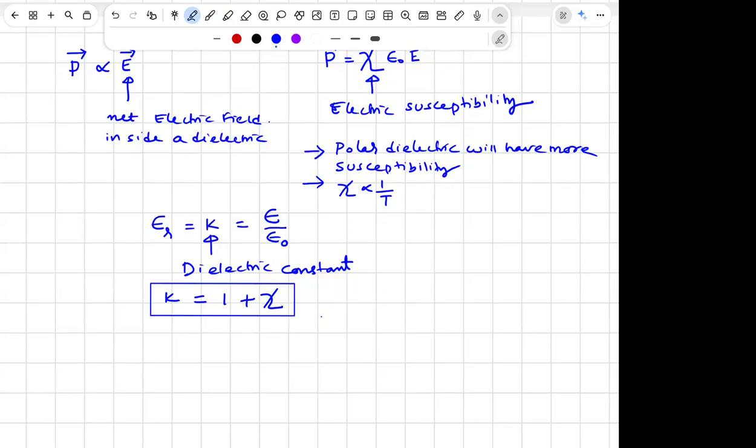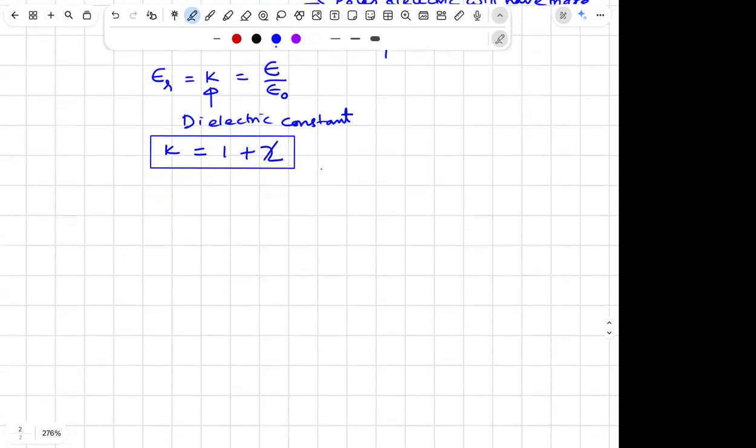Polarization vector, susceptibility, and the relation between dielectric constant and susceptibility. That's it. In the last class, I think in a video class, I discussed Gauss law in dielectrics. But please confirm whether I have done Gauss law in dielectrics or not.